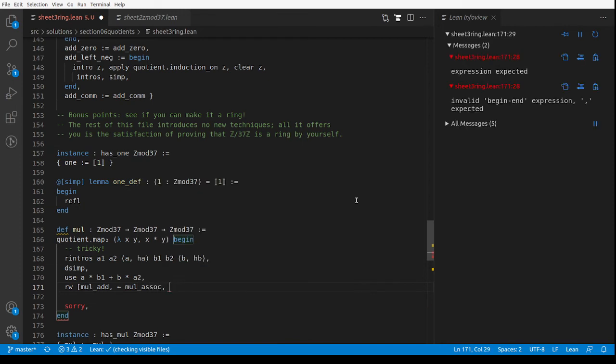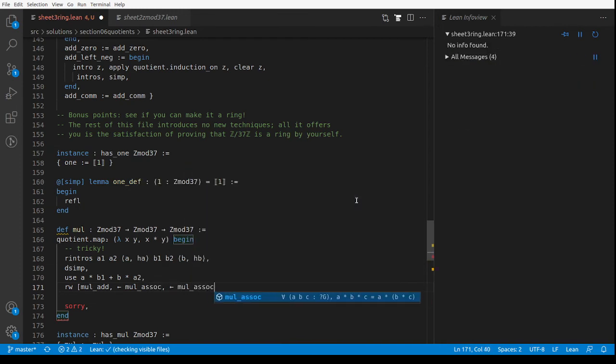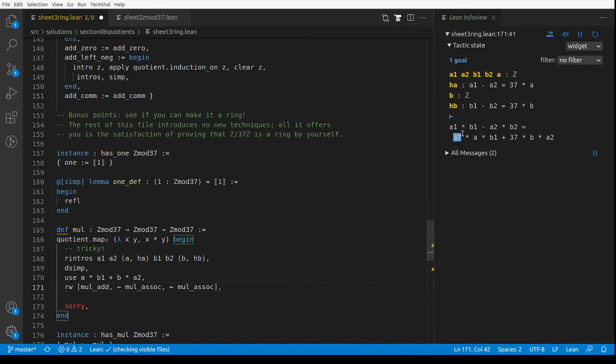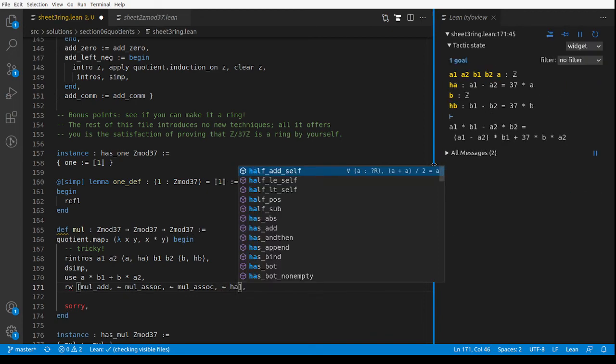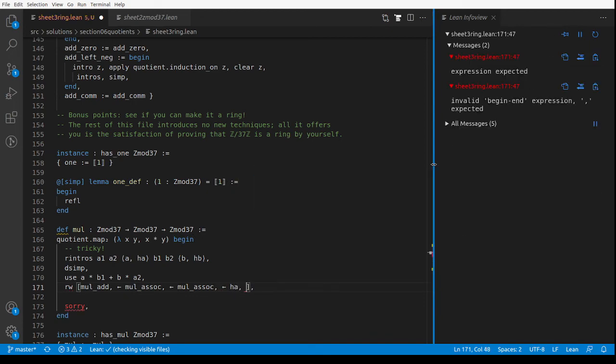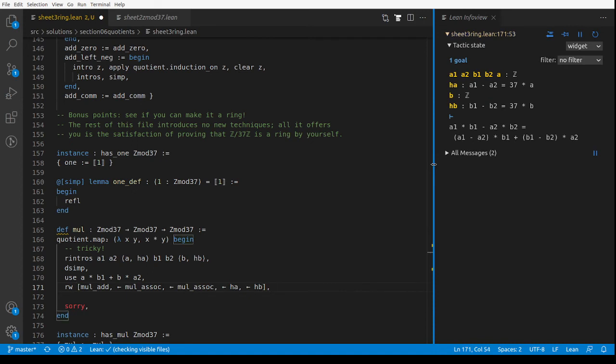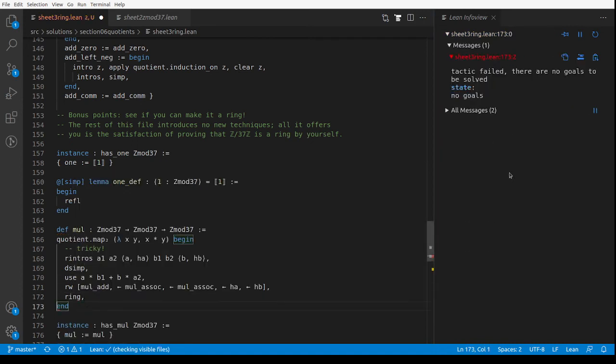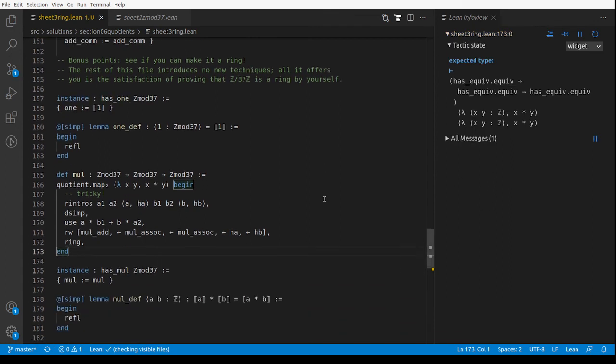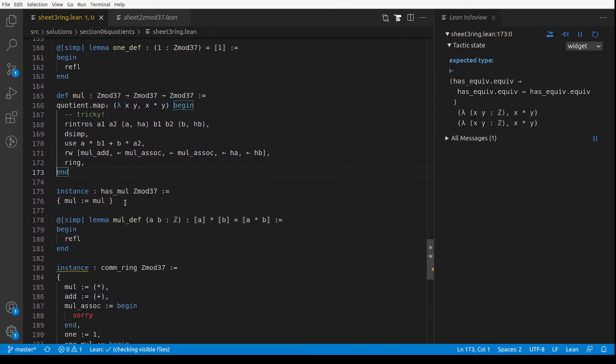Mul_assoc, and then mul_assoc again. And there, and now we've got, you see, it's 37 times A, so now we can rewrite HA this way, and probably this way as well, probably HB. There we go. And now this is just something that's going to be true by ring. Great.